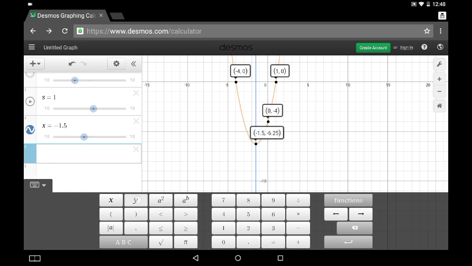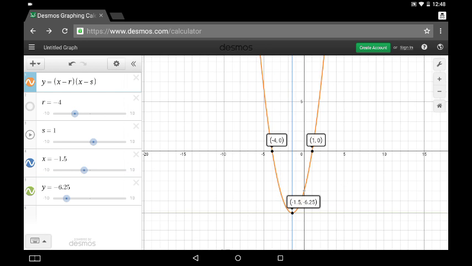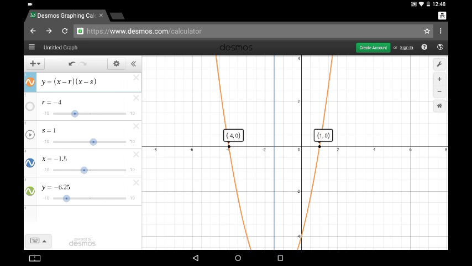Our minimum value is at y equals -6.25. There's our vertex. Here's our y-intercept, (0, -4). And here are our x-intercepts at 1 and -4.